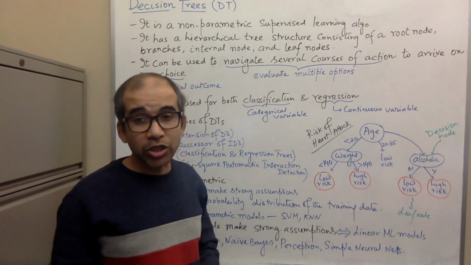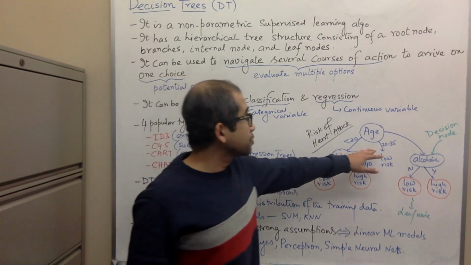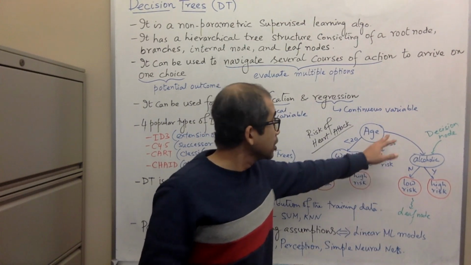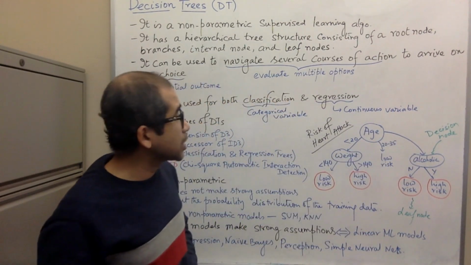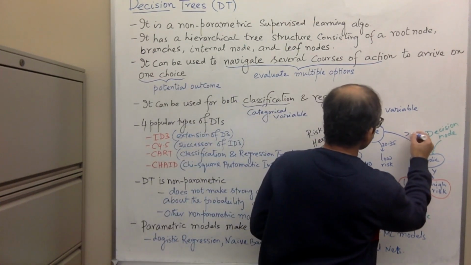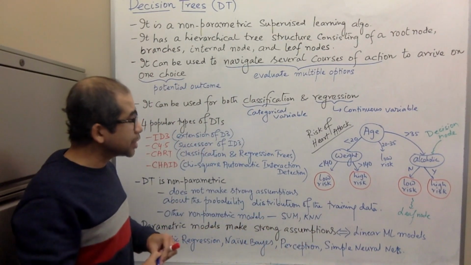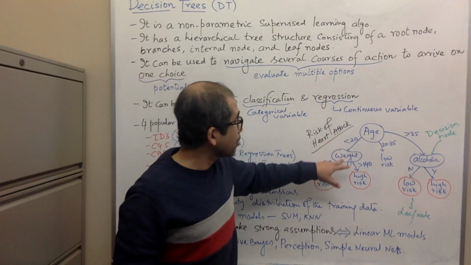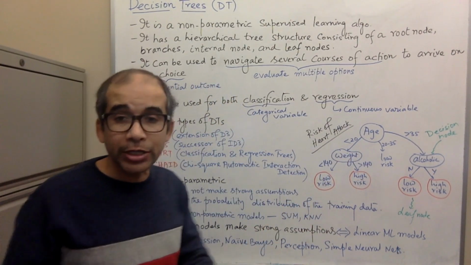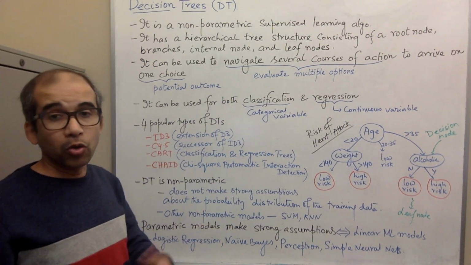This is a decision tree to predict the risk of an outcome. If age is less than 20, we go to the left, and if age is between 20 and 35, there's a middle branch. This is called a branch, an arrow. The right side is if age is greater than 35. Here we again divide, checking the weight of the person, whether they are at high risk or low risk of heart attack.